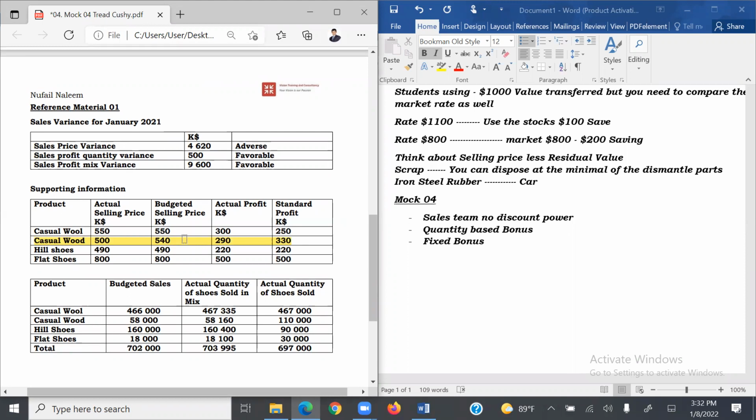So students, let's look at the quantities as well. So budgeted sales, that is 466. Now the quantity mix, if you see here, actual quantity 467, and mix means, students, you bundle it. Example, you give something extra like socks or something free of charge.